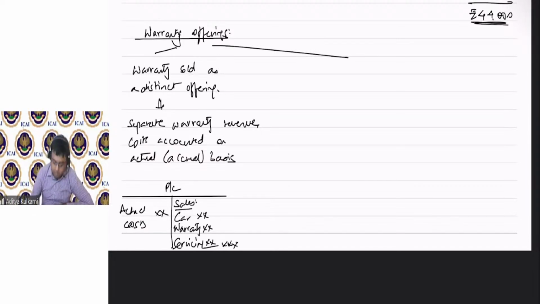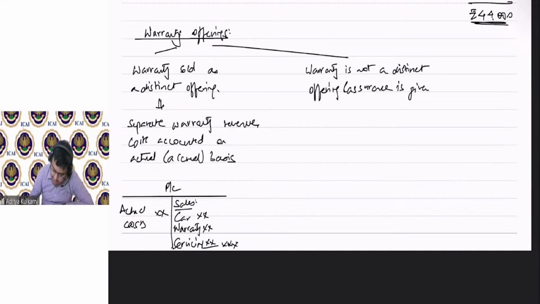Suppose the opposite happens. What is the opposite? Warranty is not a distinct offering. That means what? You are giving assurance.